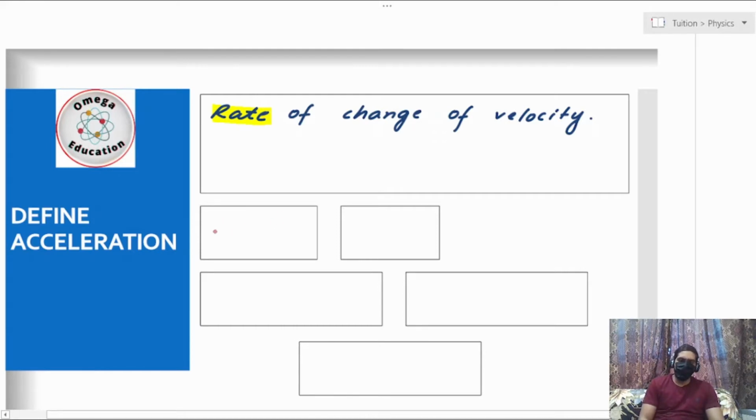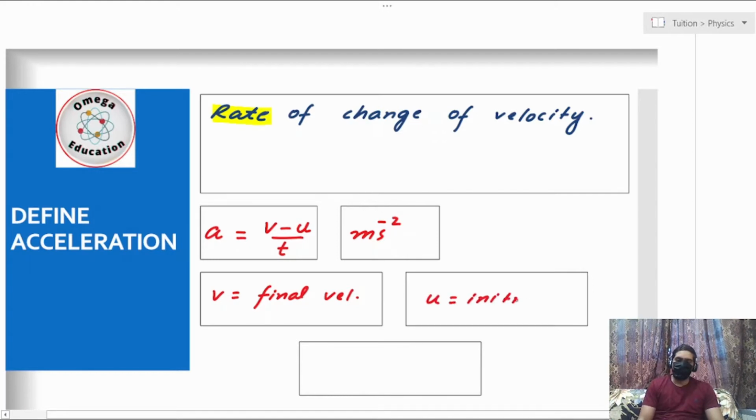Now the standard formula of acceleration is a, which represents acceleration, equals v minus u divided by t. We measure it in the unit meter per second squared. Now in the formula, v represents final speed or final velocity. u represents the starting speed or starting velocity.